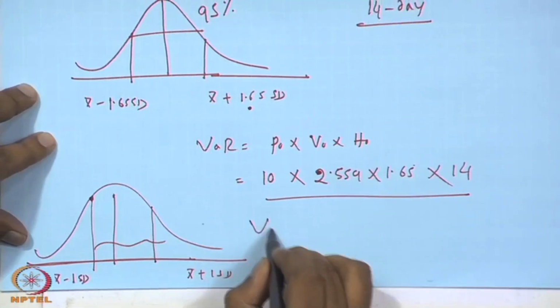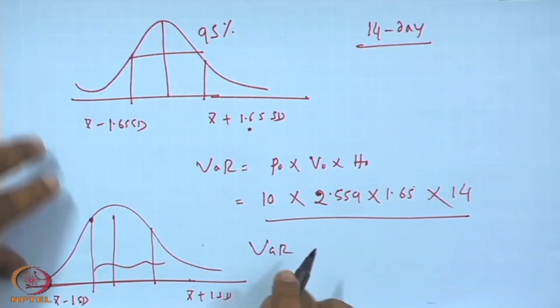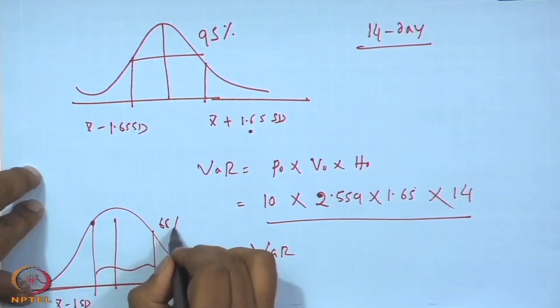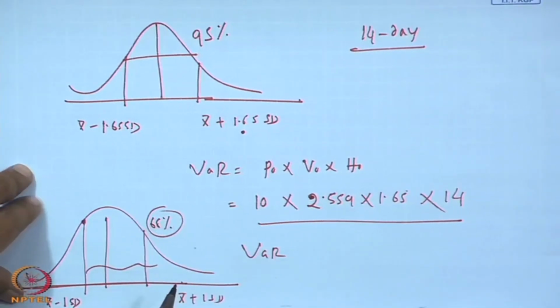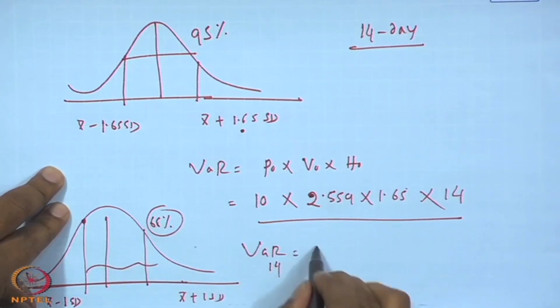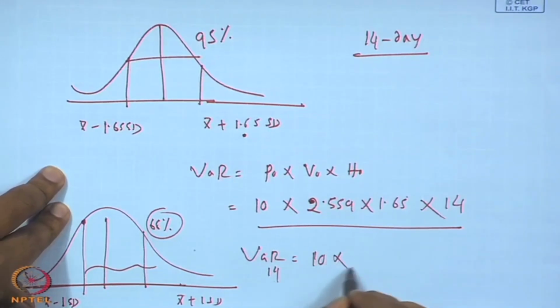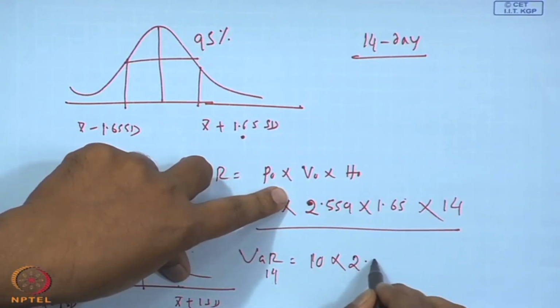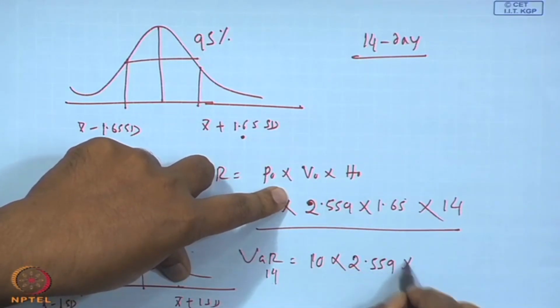So, the VAR for 14 days at 68% will be 10 million into the 14 days volatility 2.559 into 1 into 14 days.